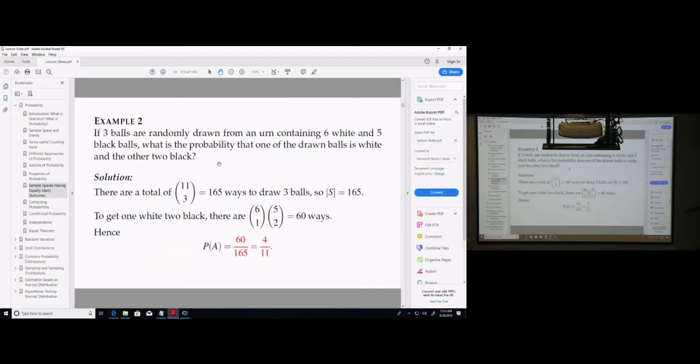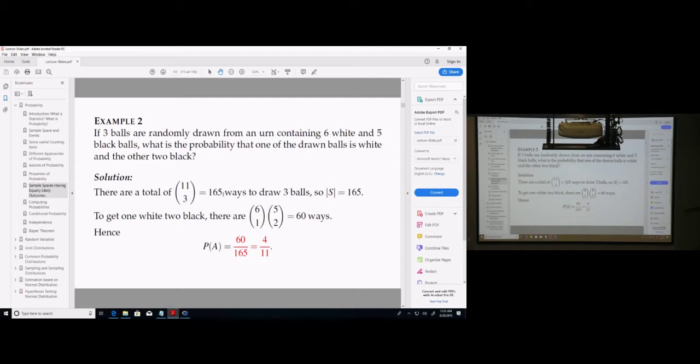If 3 balls are randomly drawn from an urn containing 6 white balls and 5 black balls, what is the probability that one of the drawn balls is white and the other 2 black? All right. So there are 6 white and 5 black balls. So I have 11 balls in the urn, and I pick 3.